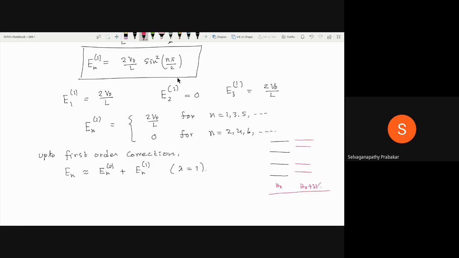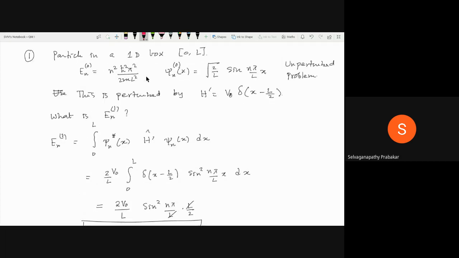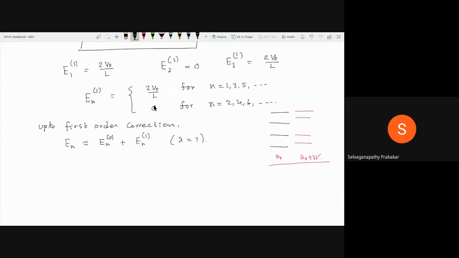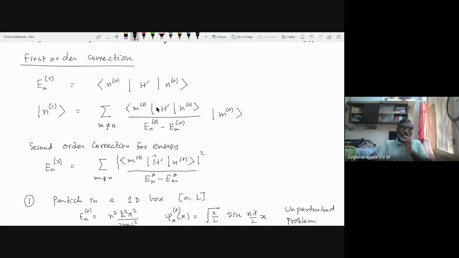Okay. Now let us say that you are interested in asking what happens to the state. Okay, so that means you have to look at this expression again. So we have used this expression to find out the first order correction in the energy. Now let's look at this expression.